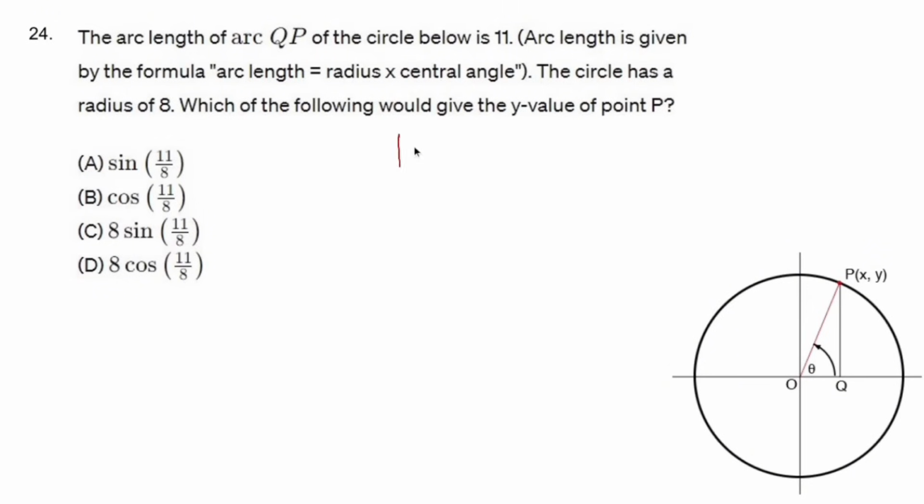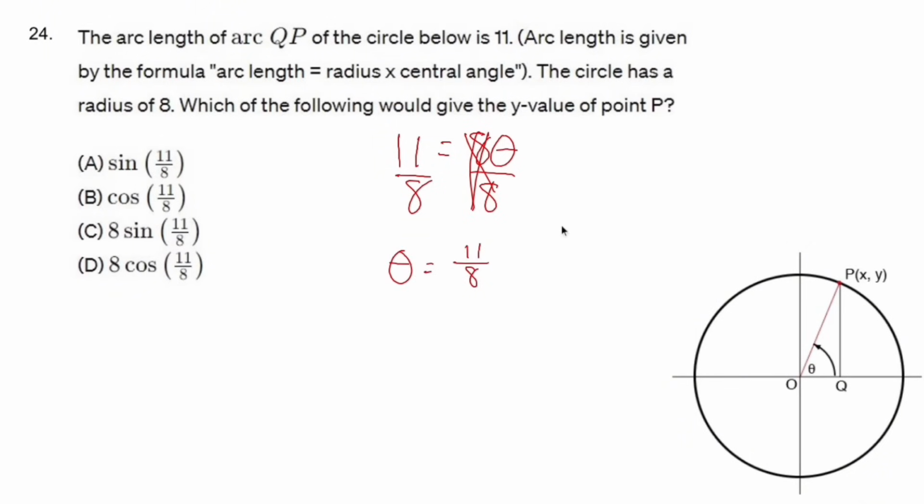So arc length is 11, that's going to equal a radius of 8 times the central angle theta, which we don't know. So theta is 11 over 8.